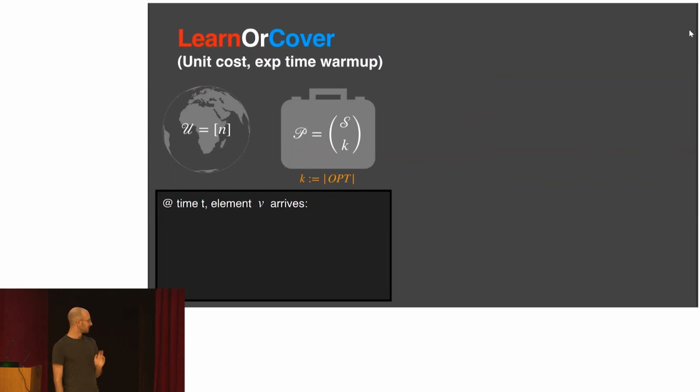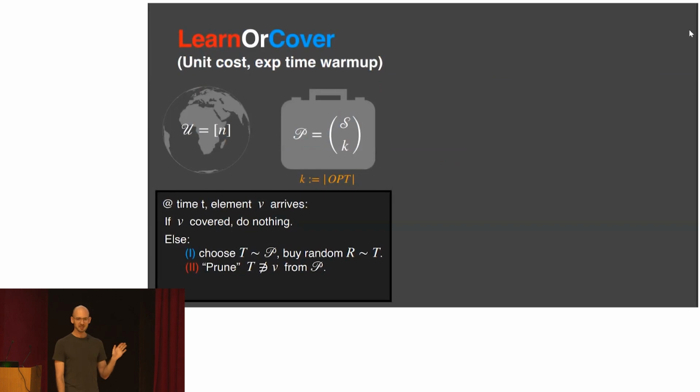Here's the algorithm. At time t, an element v arrives. If it's covered, no need to do anything, it's already covered, we're done. If it's not covered, we'll do two things. Step 1 is we'll choose a T uniformly at random from P. Let's recall, P is the portfolio of all things that could be the optimal solution. Sorry, P is a collection of K-tuples. So if I sample T uniformly at random, that's a single K-tuple.